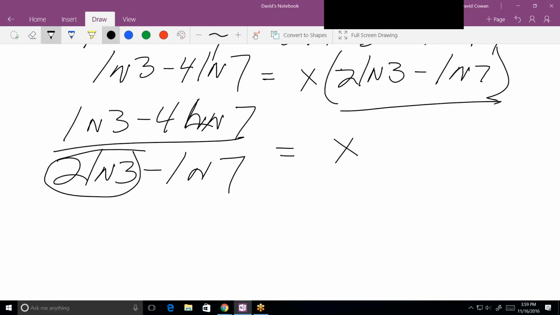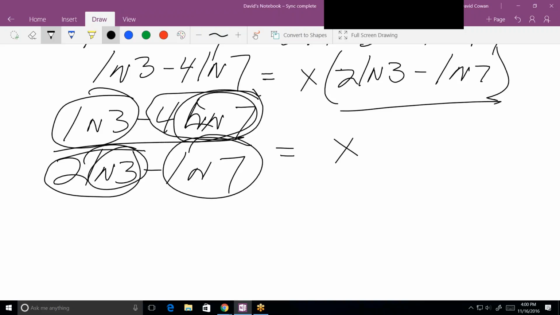And I could call this the natural log of 7 to the 4th power, which is the natural log of 49 squared, whatever that number is. But I don't think I can simplify it. I can't do anything with this natural log of 3 and that natural log of 3 and this natural log of 7 and that natural log of 7. I really can't simplify it.